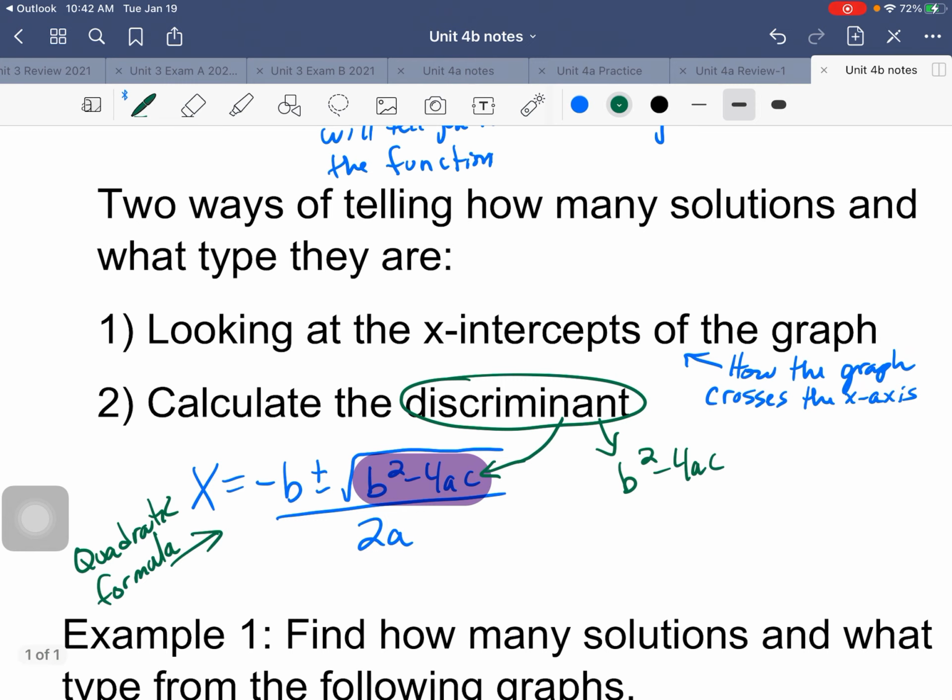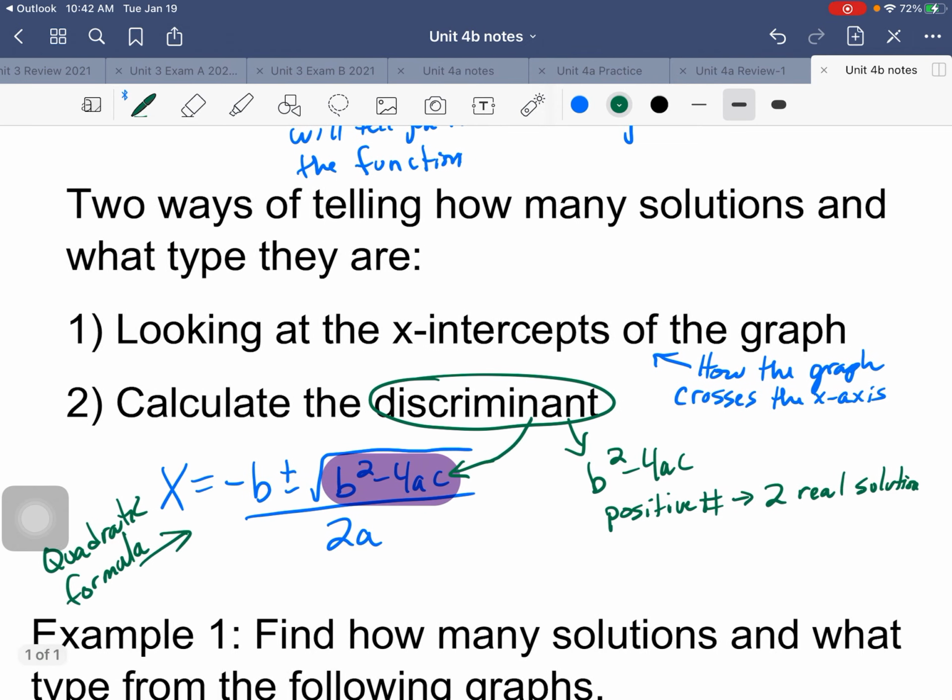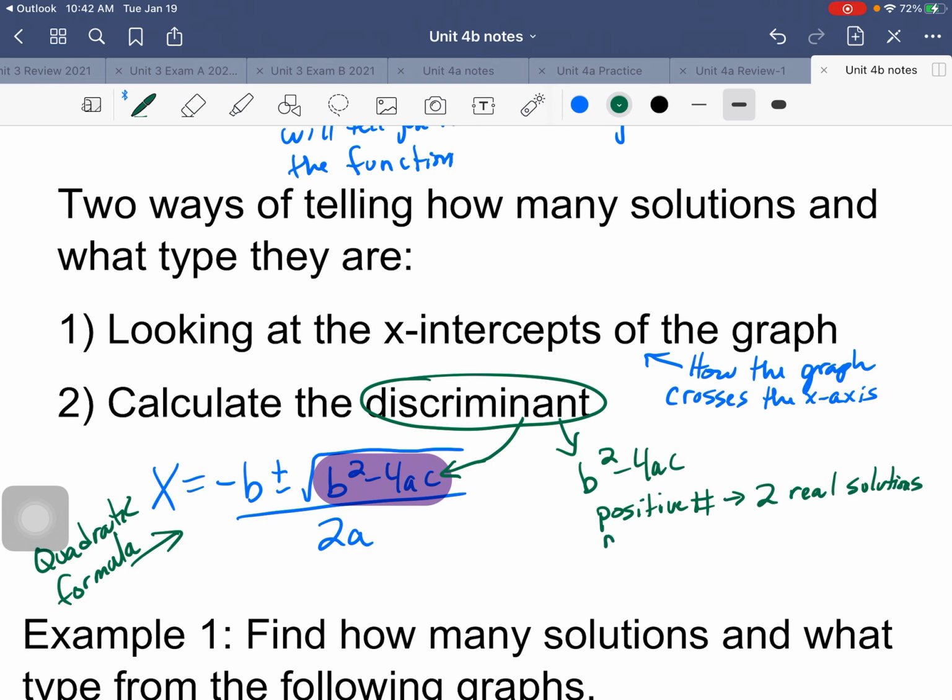If b squared minus 4ac is a positive number, if it comes out to be positive, then there are two real solutions. If it is a negative number, then there are two complex solutions.